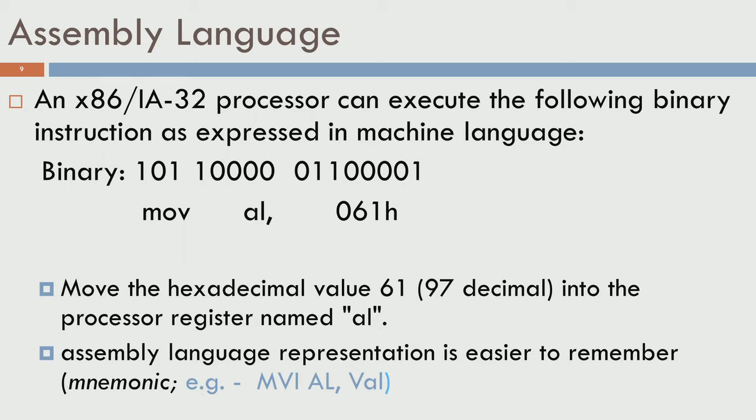This is a binary code for moving 61 in hexadecimal to an internal memory called a register of the name AL. AL is a register which is an internal memory inside the CPU. So, the meaning of this instruction is move the number 61 in hexadecimal to AL, and this is something that you and I may not even understand if we are just given the binary bits.